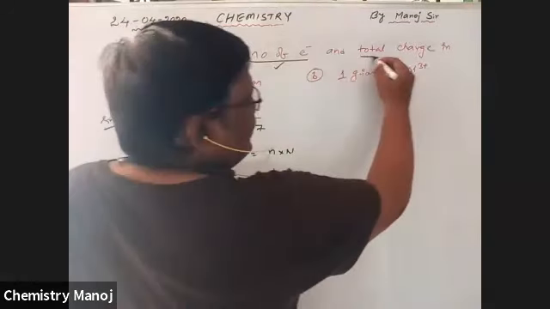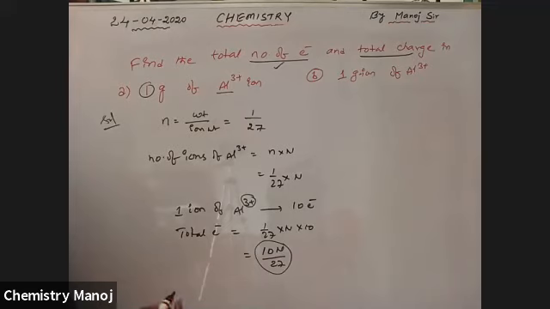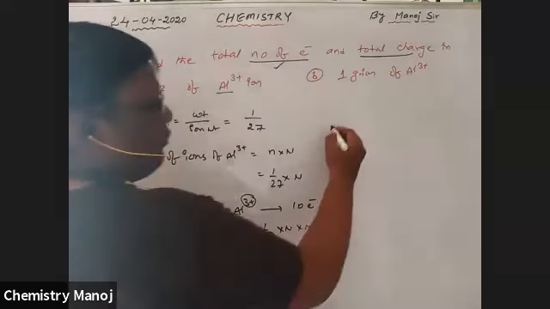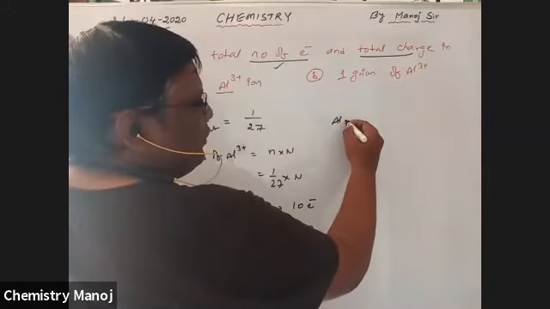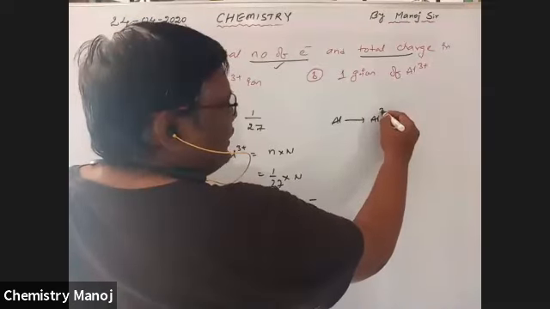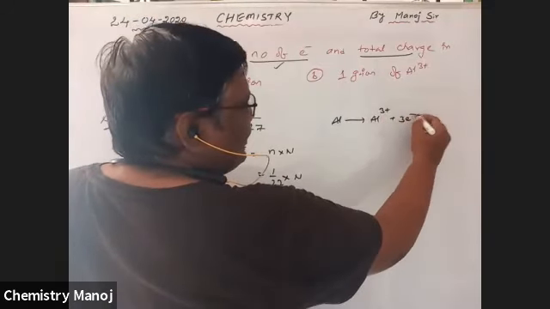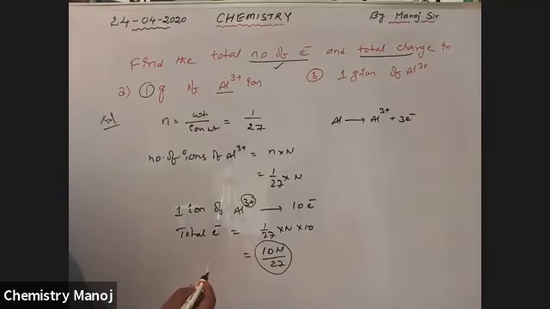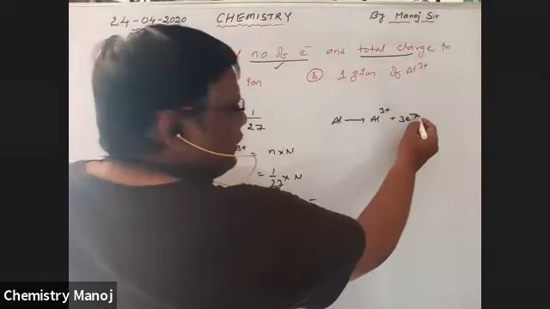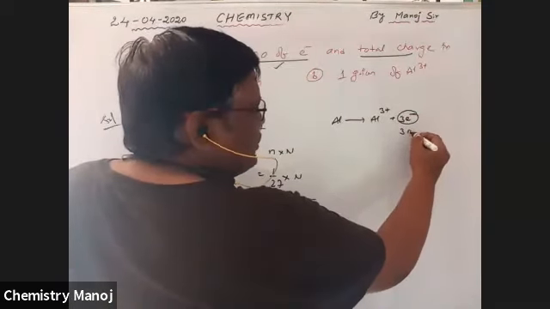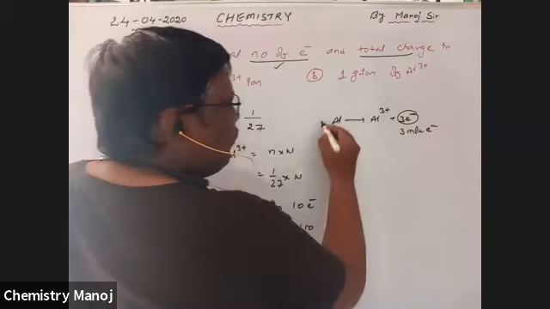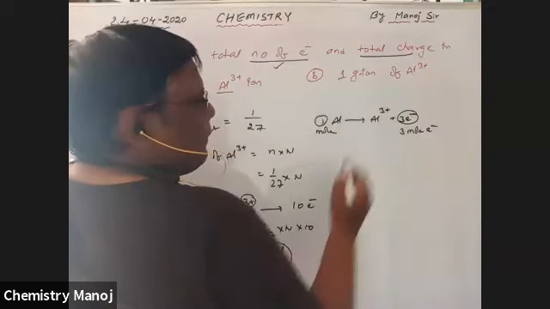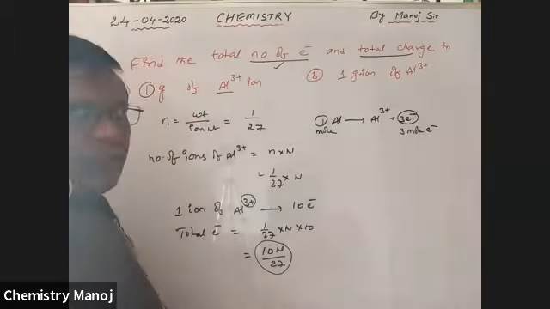Now he also asked for the total charge. We know Al after losing 3 electrons gives 3+ and 3 electrons. So 1 mole of aluminum releases 3 moles of electrons.